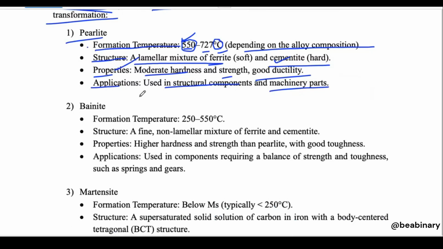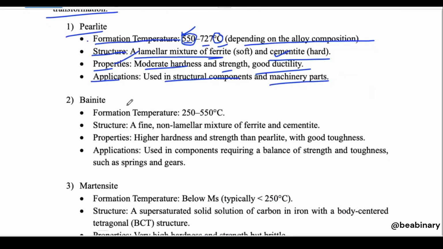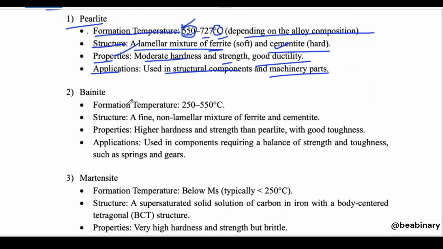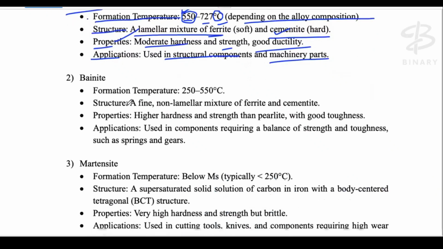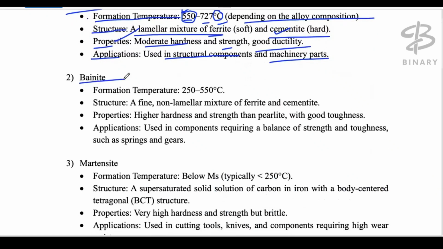If you have understood the basic fundamentals, you will find it easier as you move ahead. Lots of things will keep repeating, like Bainite. We have already done what Bainite is, how it forms, its properties, and its usage.